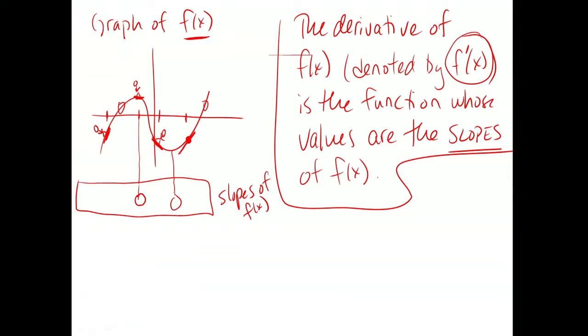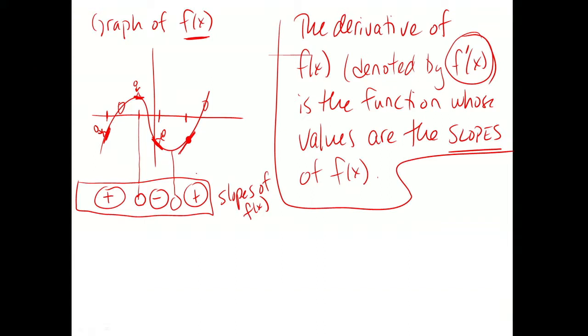You can see from the graph that on the left, the slope is always positive, so I'll put a plus sign over here. In between, the slope looks to be negative, that's downhill. And after this, the slope returns to being positive again because it goes back uphill.